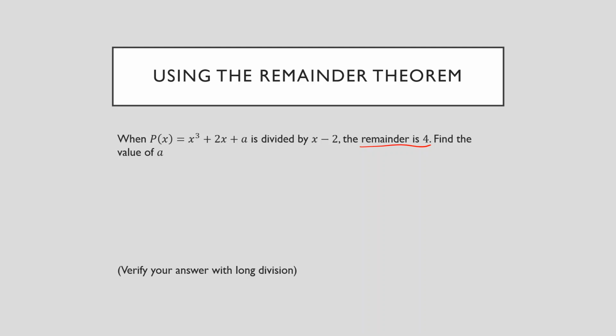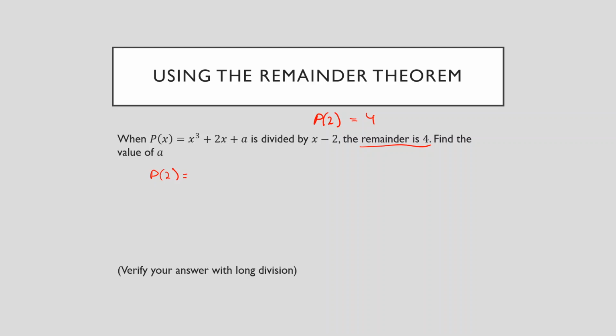Okay, and if we use the remainder theorem, we know that if I do p of 2, okay, remember to substitute the linear monic factor, we just change the sign of this number that we've got here and substitute that in. So we're substituting p of 2 into here, and we know that that is going to equal the remainder, which is 4. So let's do that, write it all out.